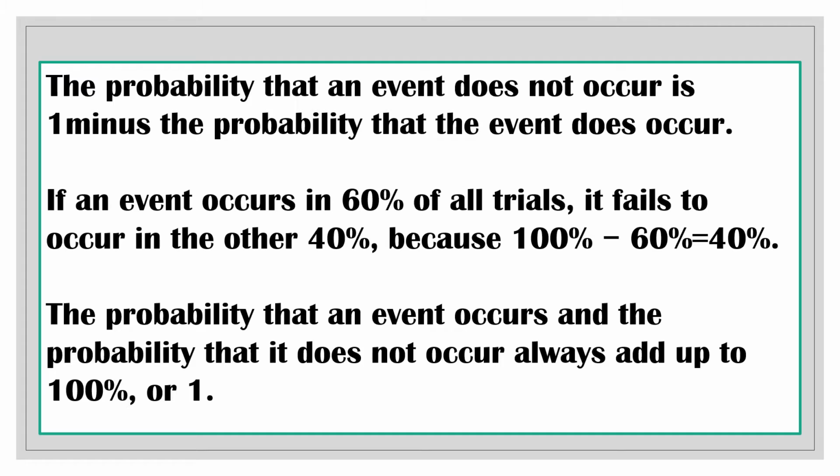This is what I said a while ago: the two outcomes should be equal to 100%. The probability that an event occurs or happens and the probability that it does not occur or happen always add up to 100% or 1.